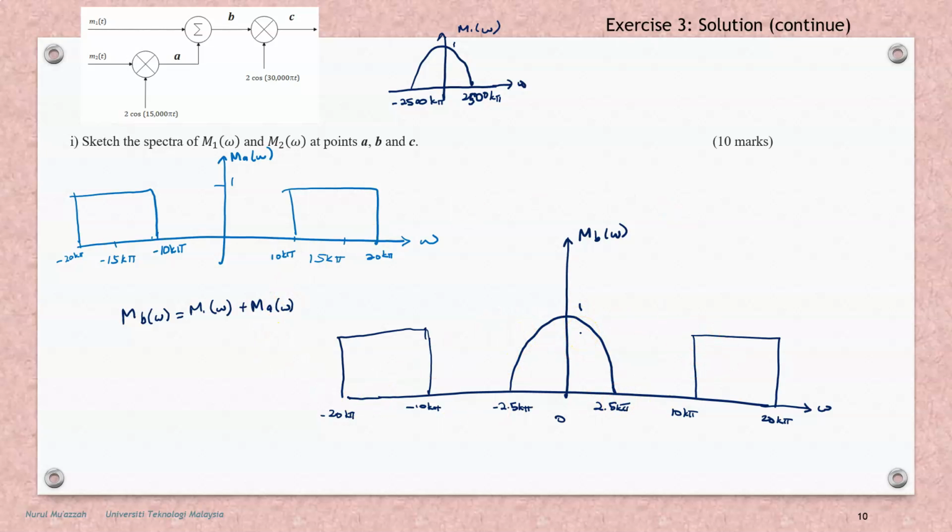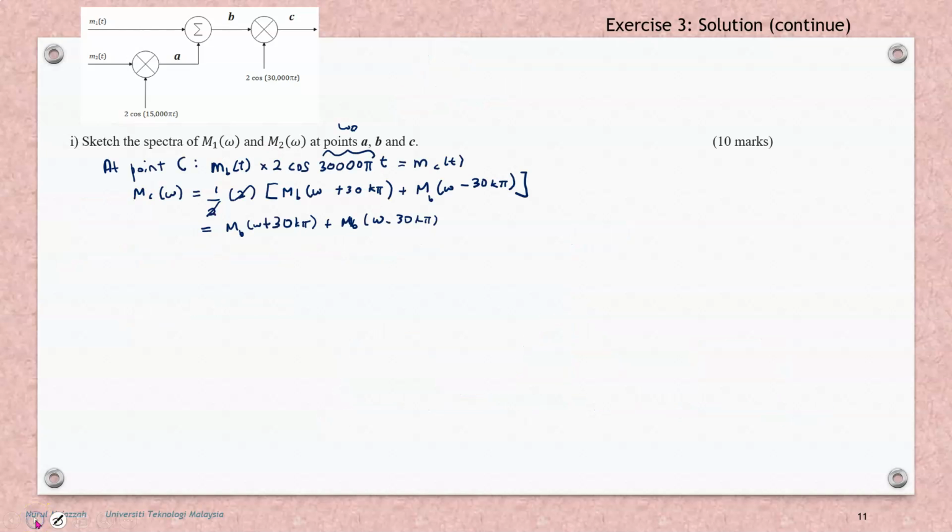When it is modulated again with the cosine function, the spectrum of M_B(omega) will be doubled and also shifted in frequency by 30k pi. Let me draw M_B(omega) again on the next page.